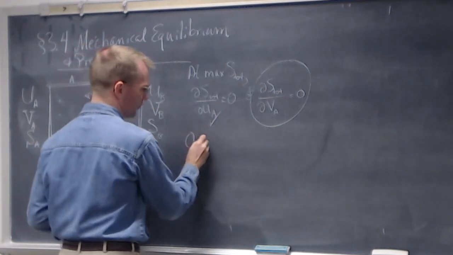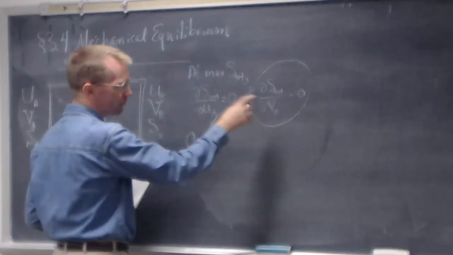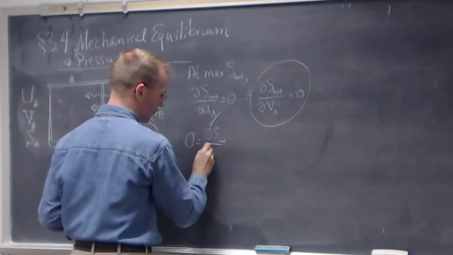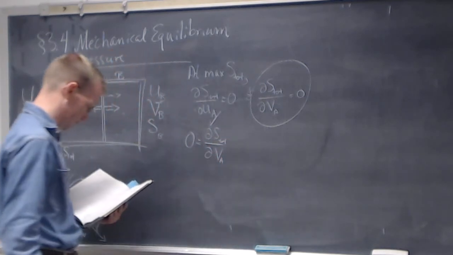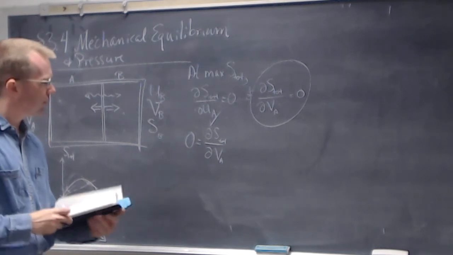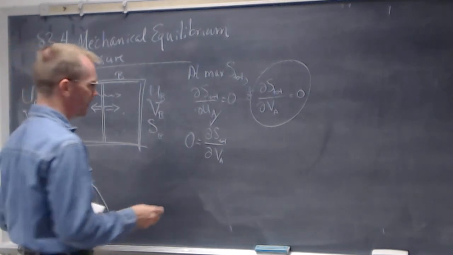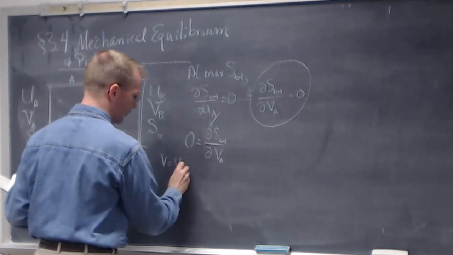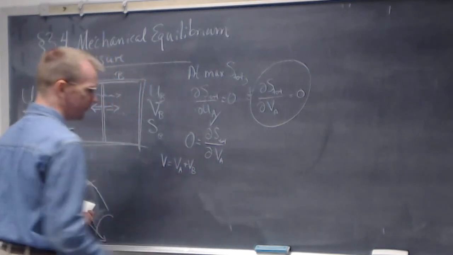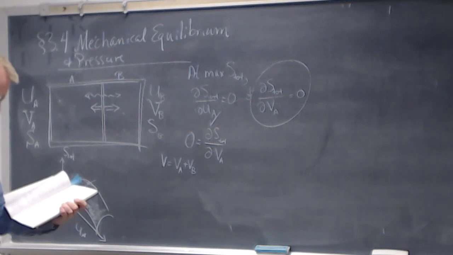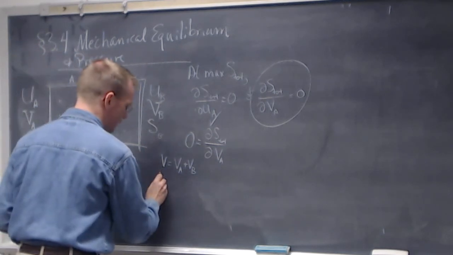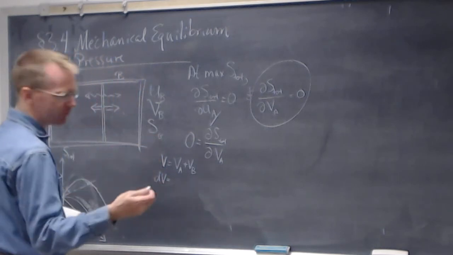So put in 0 equals dS by dVA. V is VA plus VB, so dV is dVA plus dVB.